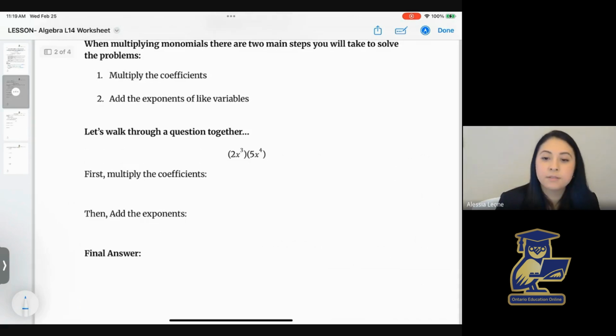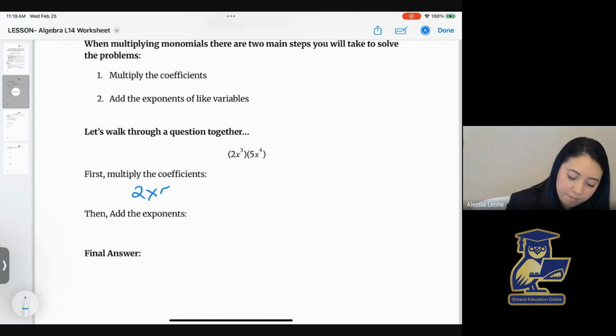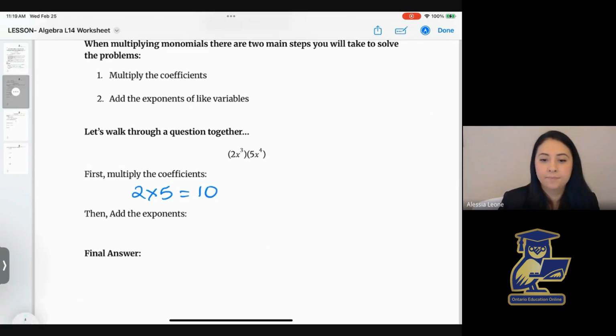Let's look at this question. 2x to the power of 3 times 5x to the power of 4. First step, let's multiply the coefficients. Multiply the big numbers. 2 times 5 is 10. Now add the exponents.